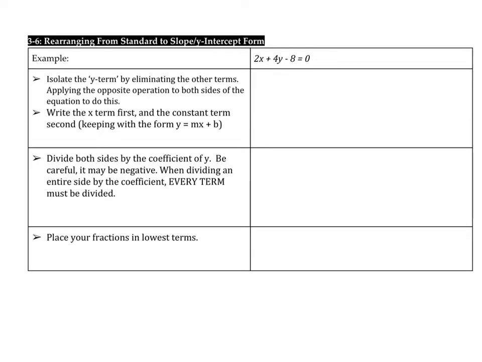Up until this point with graphing lines, all of our graphs have been in the form y equals mx plus b, where m was the slope, or you can call it rate of change, and b was the y-intercept, or you could call it the initial value. This equation is slope y-intercept form.